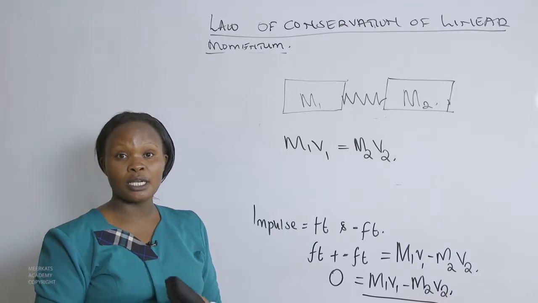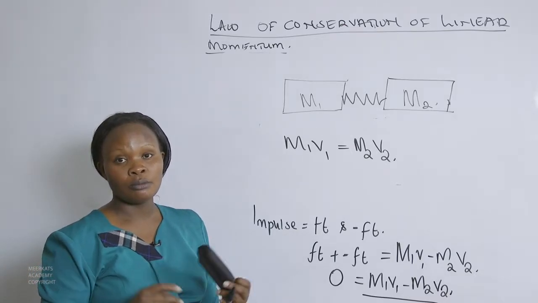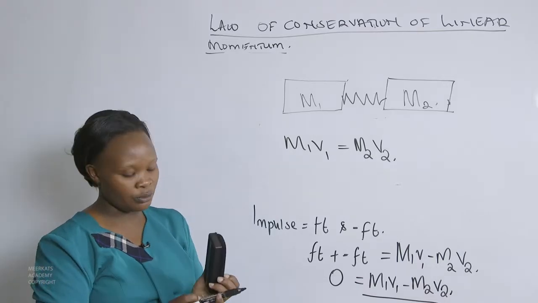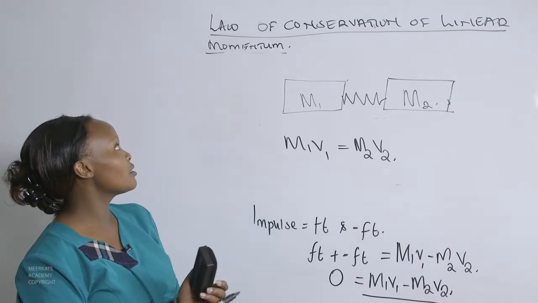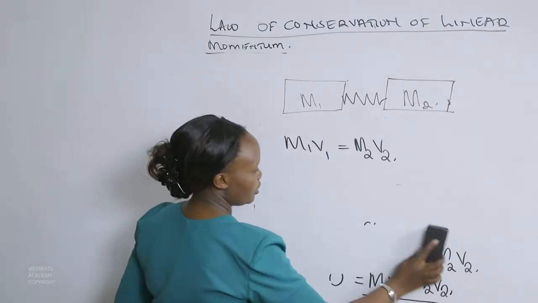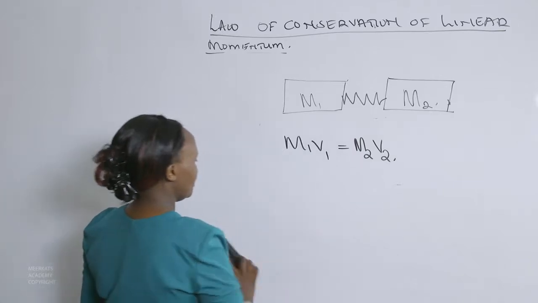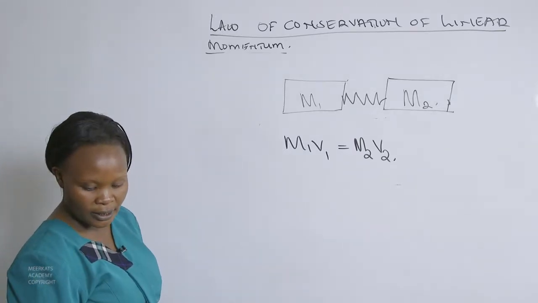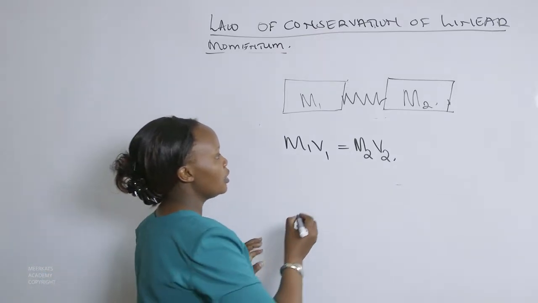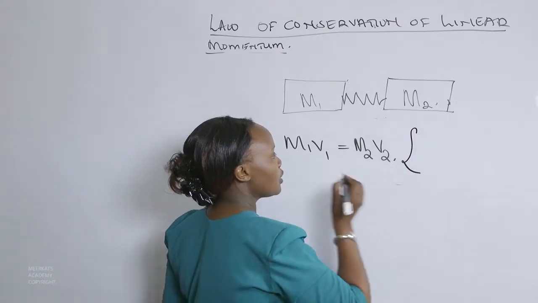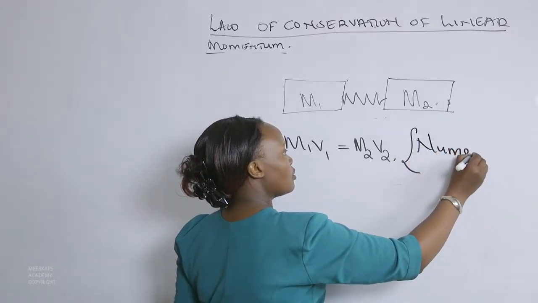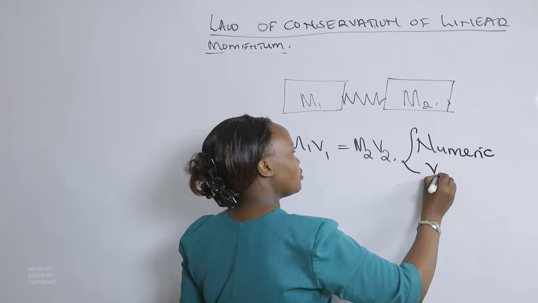It is actually equal before and after an interaction. Now this brings us to the law of conservation of linear momentum, which you could write as so. This one is the numeric version.